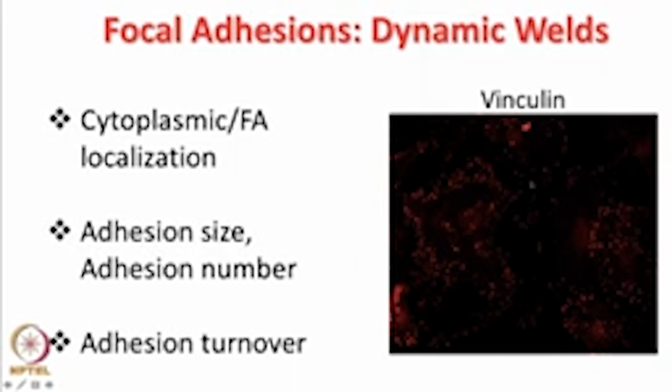Okay. So, in other words, you have a cytoplasmic pool and a focal adhesion pool, and you can probe the relative fraction of the protein which is localizing at focal adhesions versus in the cytoplasm by doing this experiment, in which you treat the cells with a permeabilizing agent to remove the cytoplasmic pool and then collect the remaining contents, which will give you the focal adhesion pool.